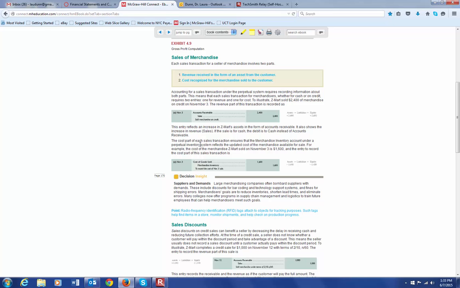So the cost part of each sales transaction ensures that the merchandise inventory account under a perpetual inventory system reflects the updated cost of the merchandise available for sale. So, for example, the cost of the merchandise that they sold here was only $1,600. So they sold it for $2,400, but it only had cost them $1,600. So we credit merchandise inventory because we're removing it from inventory, and we debit cost of goods sold for that particular amount.